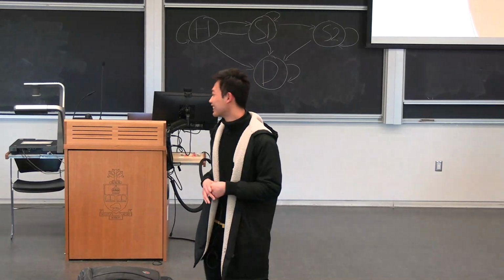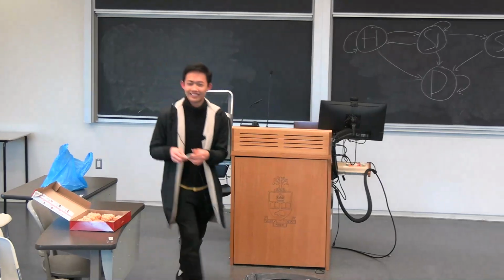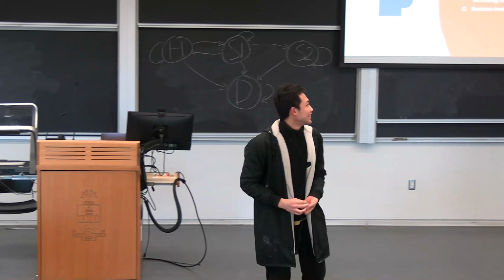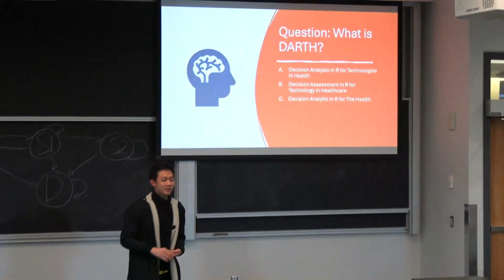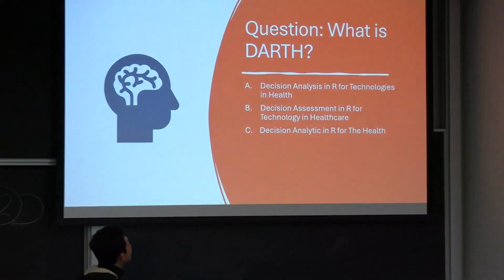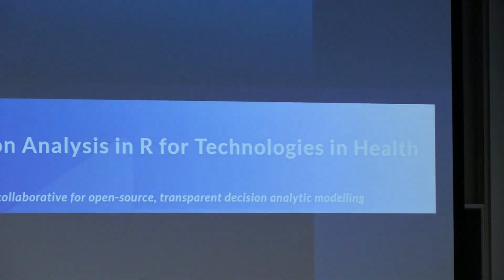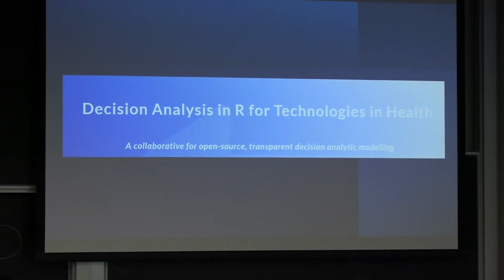Yeah, correct. I will throw you candy here. Nice catch. So Malhar is correct. Dart is an abbreviation of decision analysis in R for technologies in health. They make a team to collaborate on open source libraries in R especially, and it is used for health decision analysis.